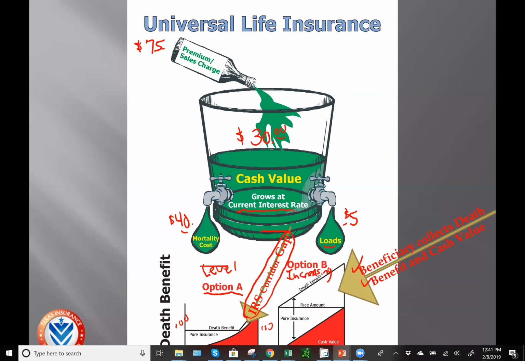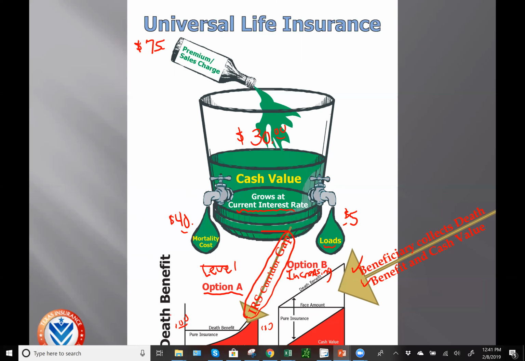So under option B, the death benefit has to increase as the cash value increases. Going back to option A, if it's a $100,000 death benefit, doesn't matter when the insured dies, the beneficiary is only going to get that $100,000. Any cash value that might be in the policy, the insurance company is going to keep to offset their cost. So option A is a level death benefit, where option B is an increasing death benefit.